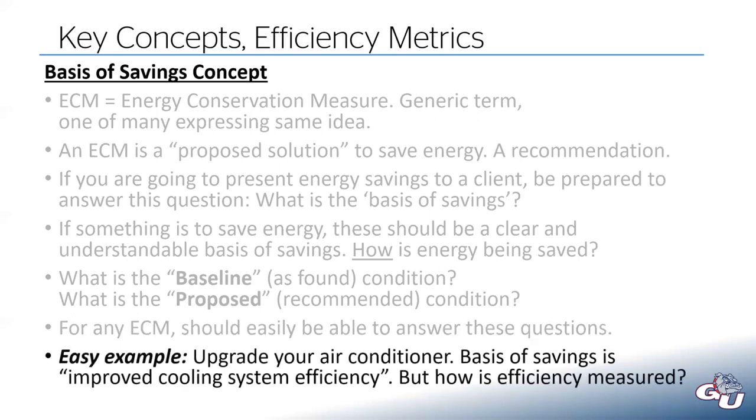An easy example, let's say you upgrade your air conditioner. Your basis of savings in this case would be you are improving the cooling system efficiency. So this new air conditioner is going to be more efficient when we're done compared to how efficient it was as you found it. So how is efficiency measured?